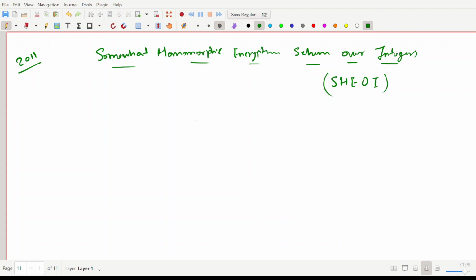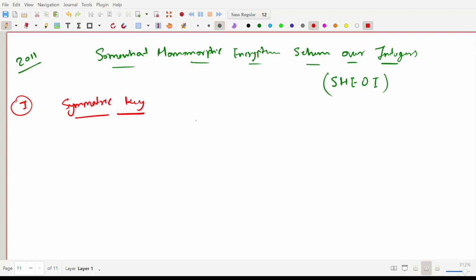Now let us first see symmetric key encryption. What is the difference between symmetric key and asymmetric key? In symmetric key, there will be only one secret, correct? In the case of asymmetric, there will be two keys.